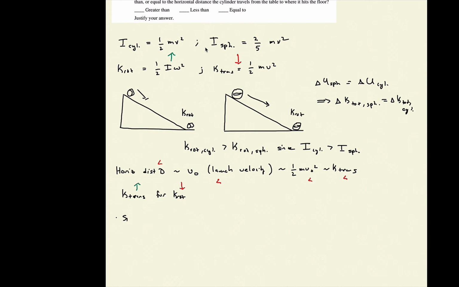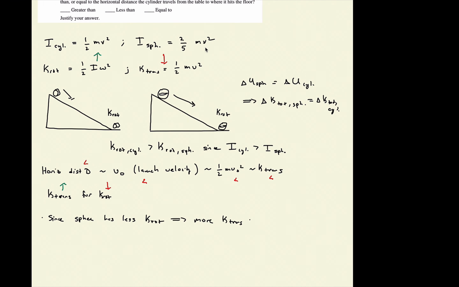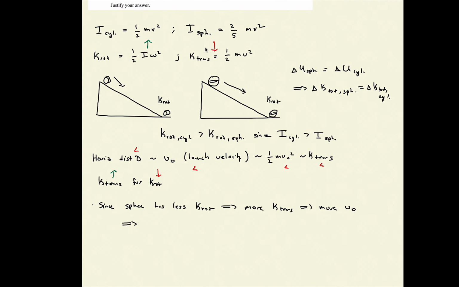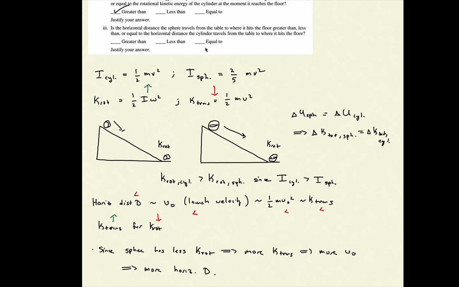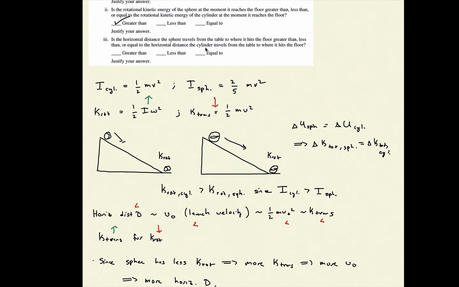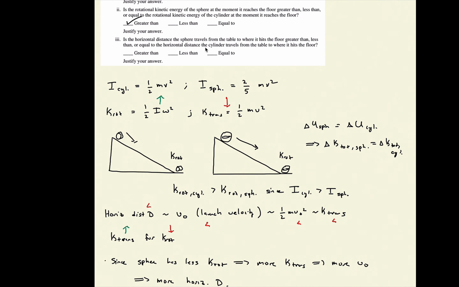So since the sphere has less K rot, that means it has more K trans, which means it has more v0, which means it has more horizontal distance traveled d. So finally, we know that the horizontal distance the sphere travels is greater than the horizontal distance the cylinder travels.